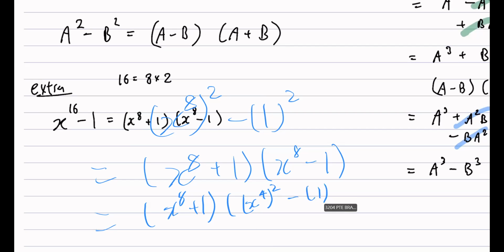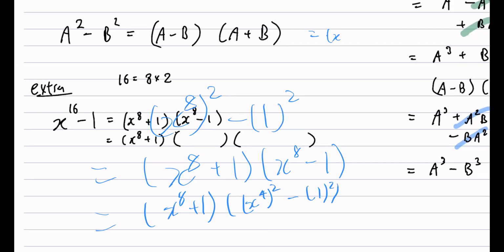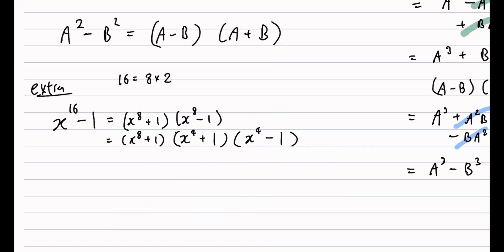Minus 1 square. Which means you get, what will you get? x to the power 4 plus 1, x to the power 4 minus 1. But wait a minute, x power 4 minus 1, can you go further?